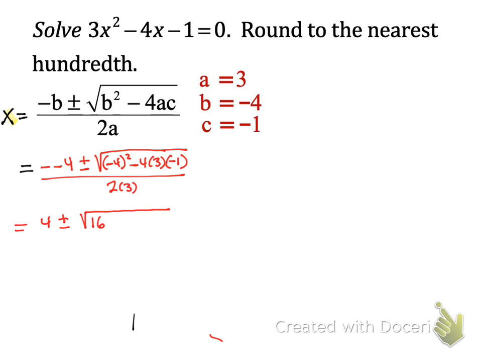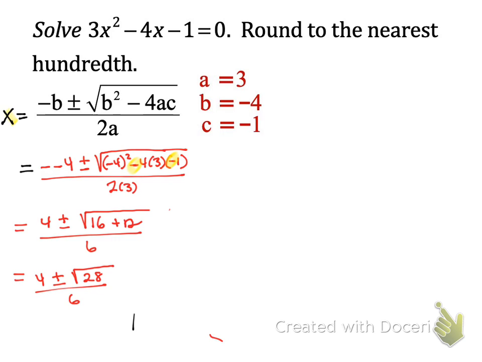Notice this becomes a plus 12 because you have two negatives, right? -4 times 3 times -1 all over 6, which becomes 4 plus or minus the square root of 28 over 6.